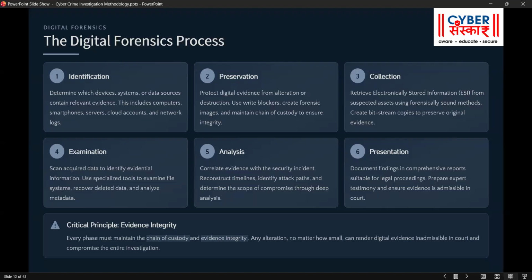Then the next point is the presentation. Document findings in comprehensive reports suitable for legal proceedings. Documents means whatever electronic evidence we have collected, in comprehensive reports suitable for the legal proceedings. Whatever evidence we have collected must be legally applicable, and we must prepare the expert testimony and ensure evidence is admissible in the court.